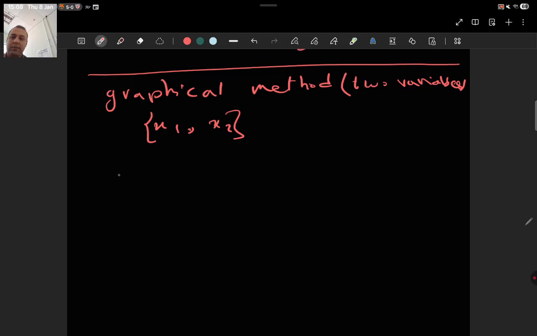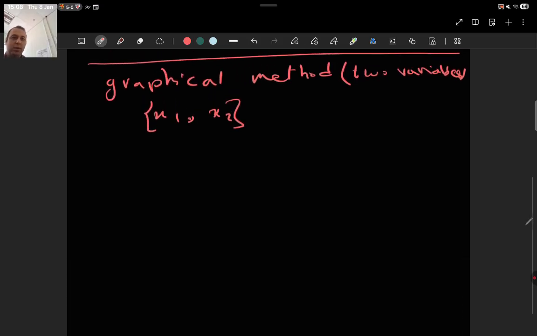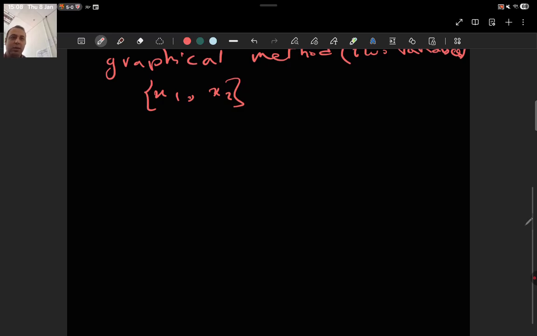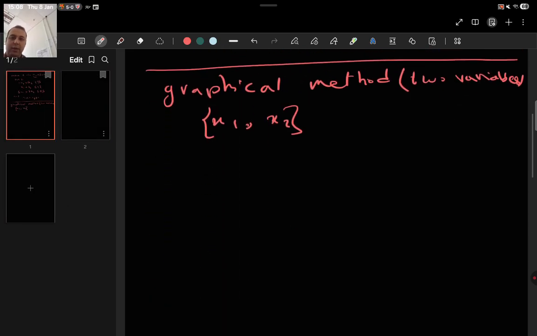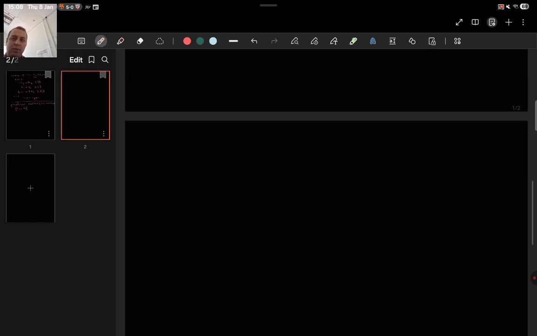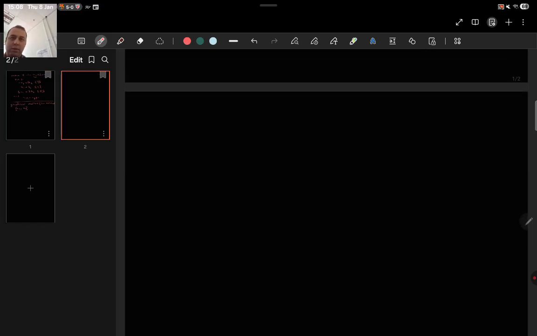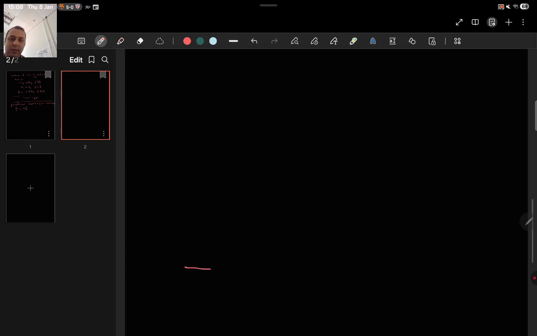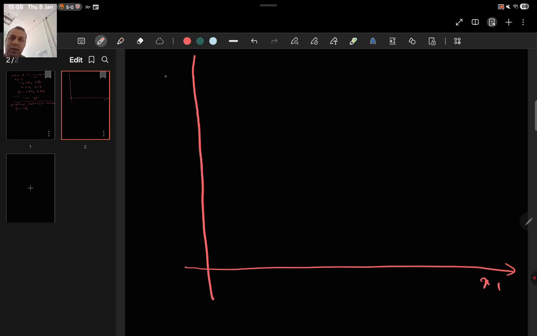So in that case I will make one graph here, okay, where the axes are the x axis and y axis, x1 and x2.